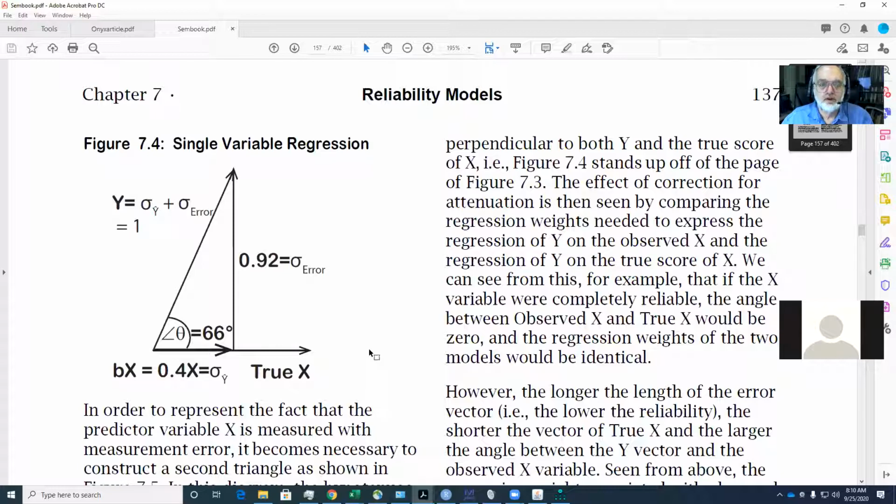And because of that, when I multiply the original X variable by a number, I don't need as big of a multiplier to get to this point underneath Y. If I have only true score variance going on, well, that's a shorter line. And I'm going to need more of a number to multiply by that to come out to this point. So it kind of deals with multiplying vectors.